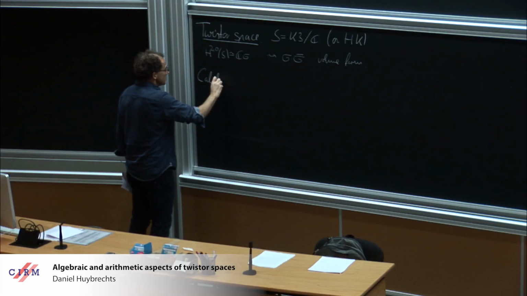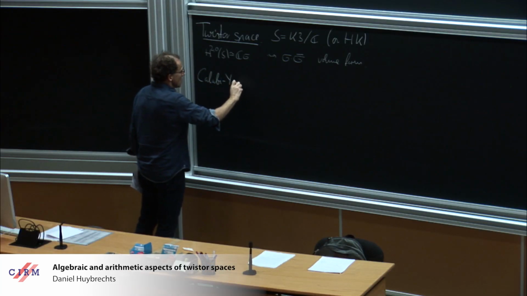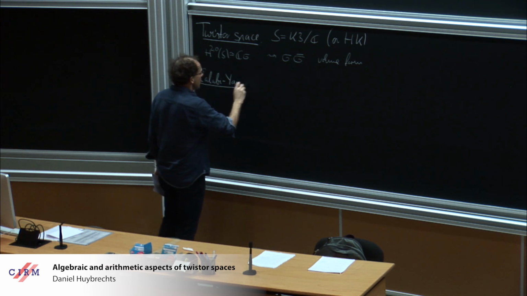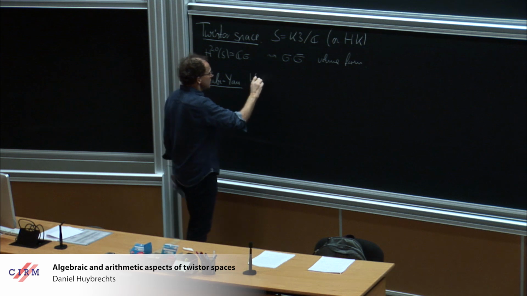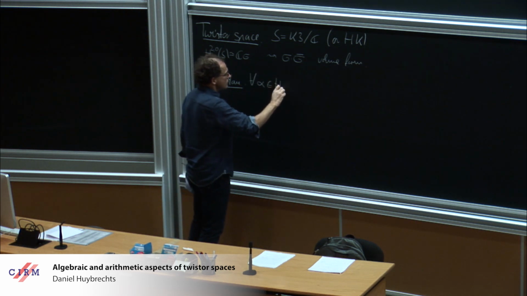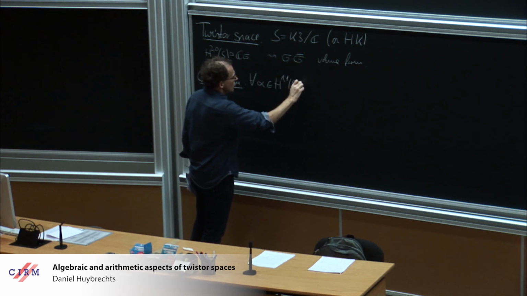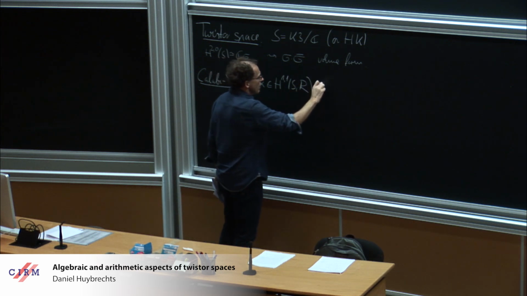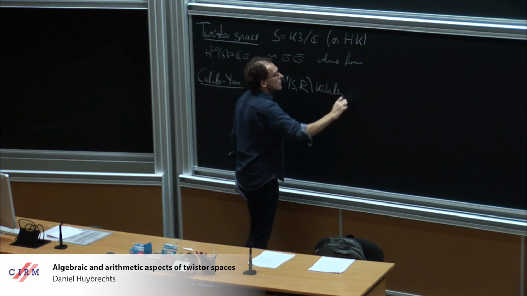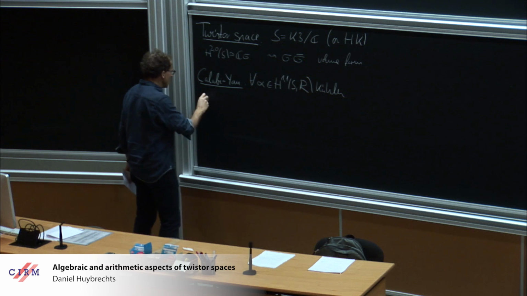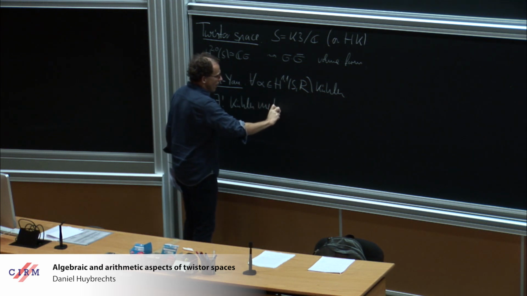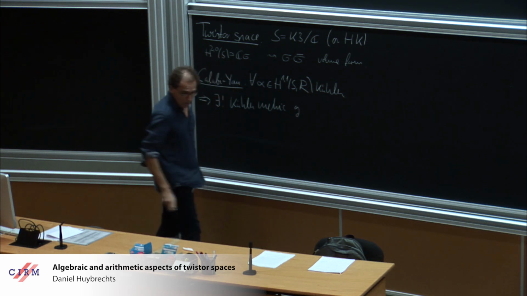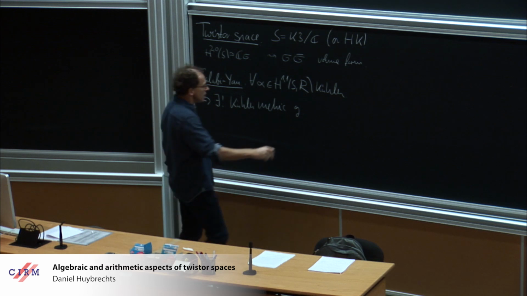And then there's, of course, the celebrated Calabi conjecture proved by Yau that tells you the following. For all Kähler classes, so you give yourself a Kähler class, that's certainly a 1-1 class, there exists a unique Kähler metric, let's call it g, having two properties.